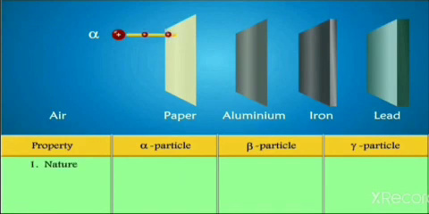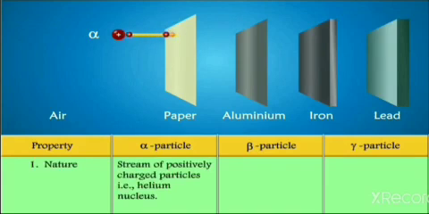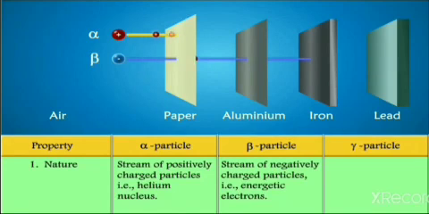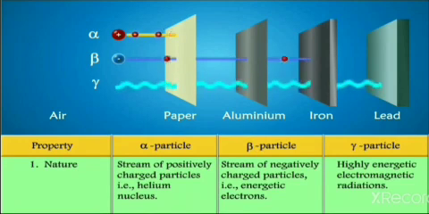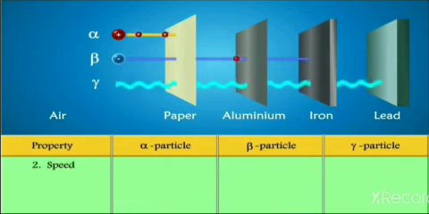Now the comparison between the properties of alpha, beta and gamma radiations. 1. Nature. Alpha particles are a stream of positively charged particles, that is helium nuclei. Beta particles are a stream of negatively charged particles, that is energetic electrons. And gamma radiations are highly energetic electromagnetic radiations. 2.